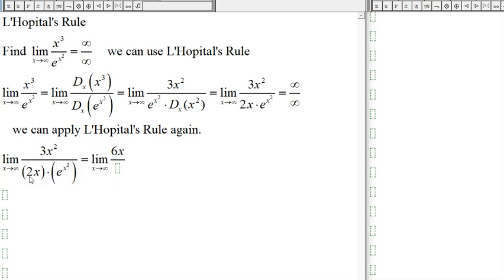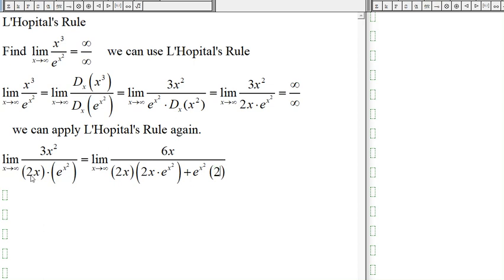To do the derivative here, we have to use the product rule. It would be 2x times the derivative of e to the x squared, but we just did the derivative of e to the x squared, which is 2x e to the x squared, and then plus e to the x squared times the derivative of 2x, which is 2.